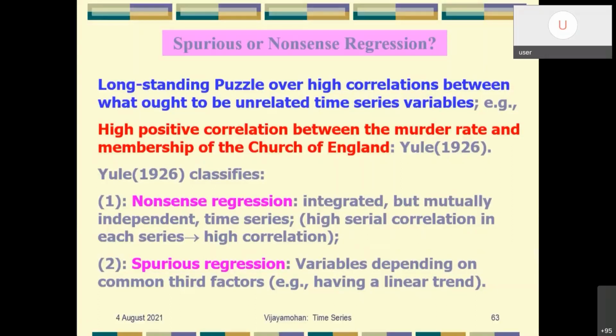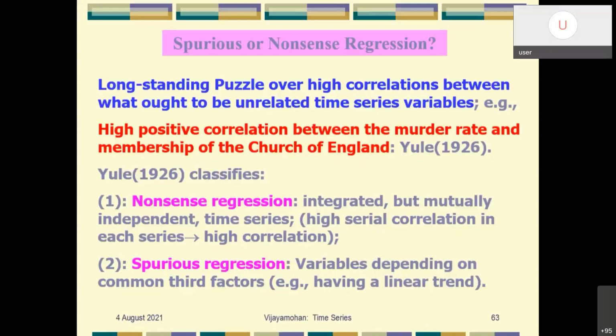Now, can we take that high positive correlation at face value? So there is a problem, right? We cannot expect a positive correlation between the murder rate and the number of Christian devotees of the Church of England. And therefore, he classified the correlations or regressions into two types: nonsense regression and spurious regression.